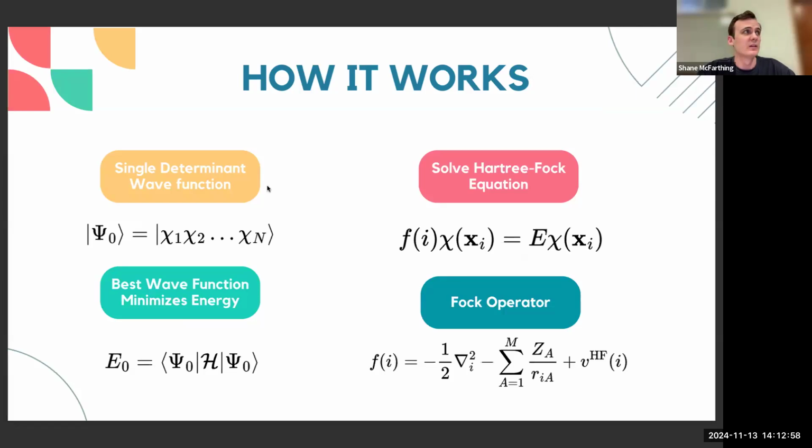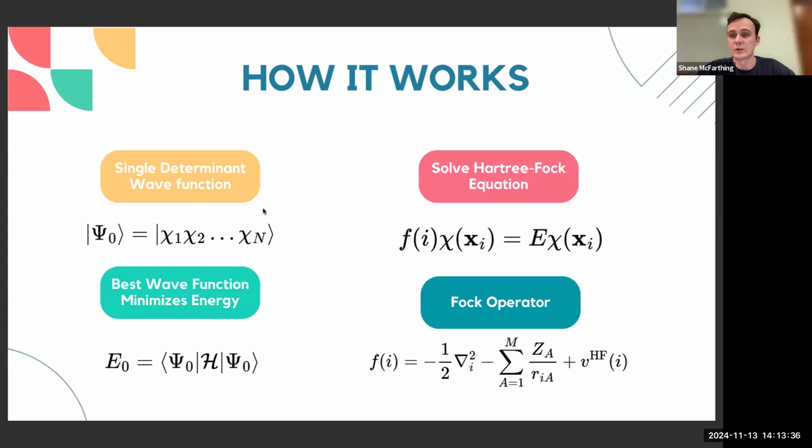So in the last lecture, when we defined how the wave function looks for the electronic structure problem, we said that it has to be an anti-symmetric wave function, and we made it a Slater determinant, where it's a state that depends on the state of all the different orbital functions, which are the spin orbitals. And the simplest possible anti-symmetric wave function that you can have is the wave function of a single determinant only. So in the Hartree-Fock approximation, we simply consider a wave function of only one Slater determinant.